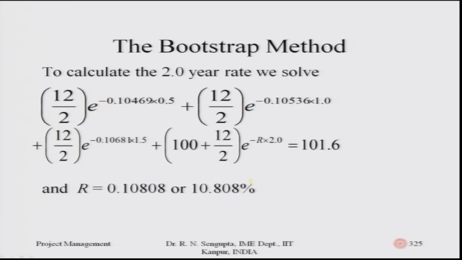Now, I need to find out the continuous compounding interest rate for the 2 year period. So, I again go back to the calculation and check what interest is being paid. Now, it is 12 rupees, 12 euros, whatever it is, on a half yearly basis.